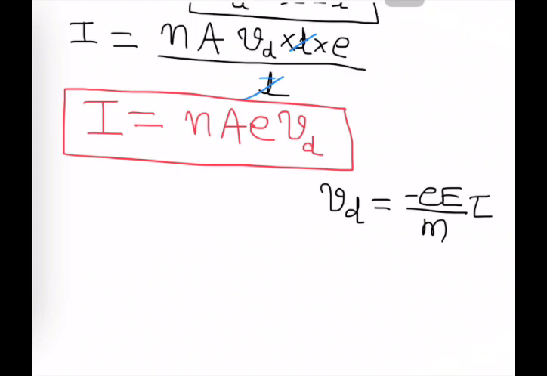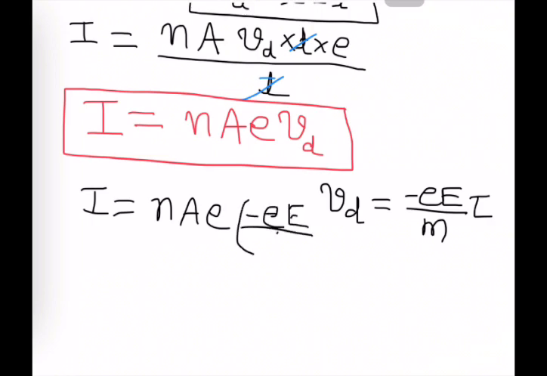So take only the magnitude and replace it in the expression for I. Therefore, I is equal to nAe, and instead of Vd, you write eE by m into tau.